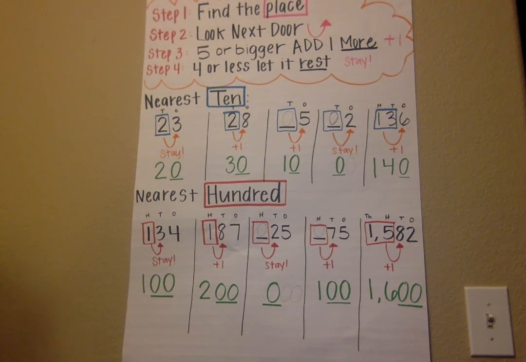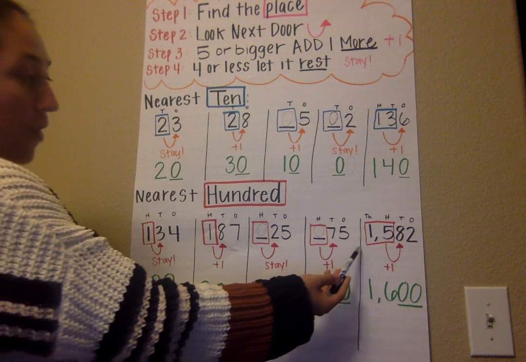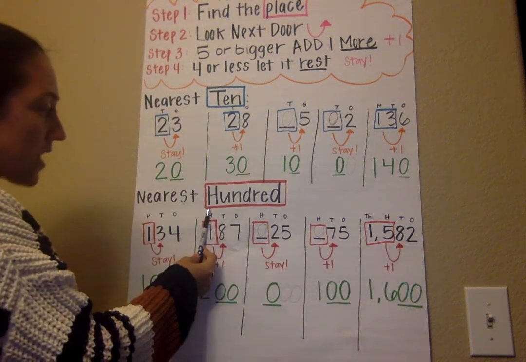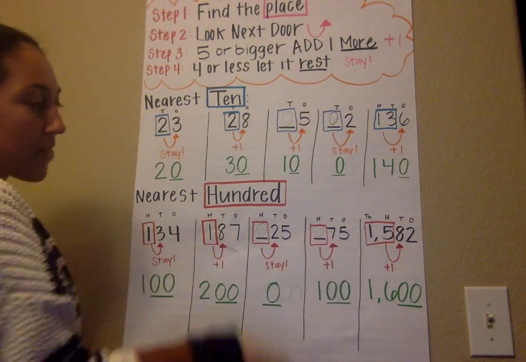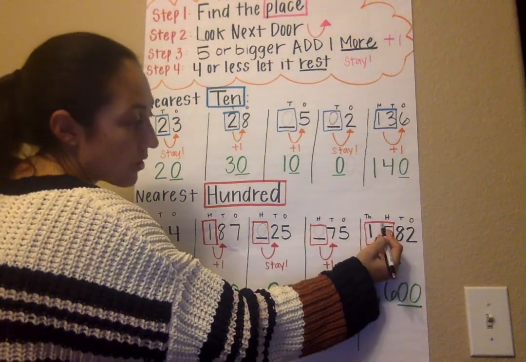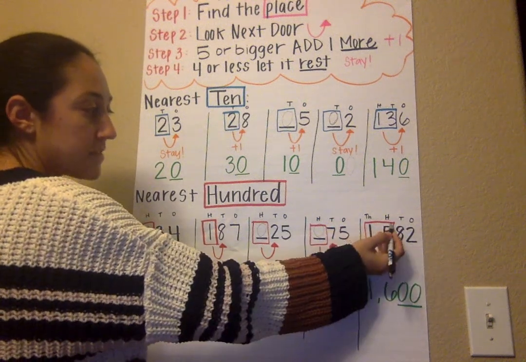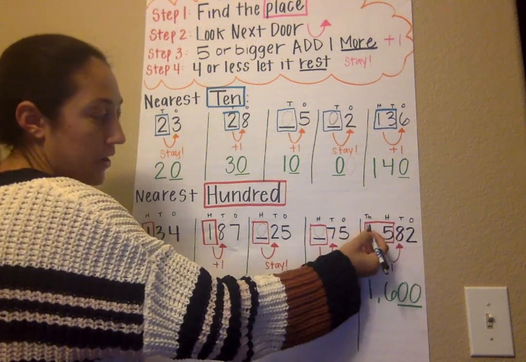And then the last one, which is kind of a bonus one for today, is the number 1,582. I still want to round it to the hundreds place, even though it's showing a number in the thousands place. So I go to find the number in the hundreds place. It does have a number to the left of it, so I box the entire thing.